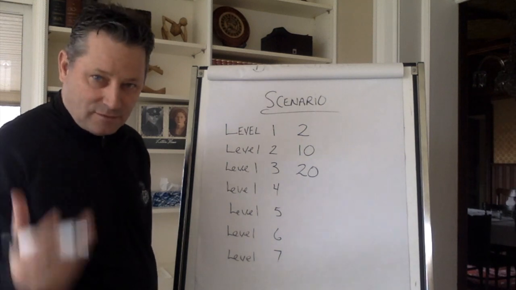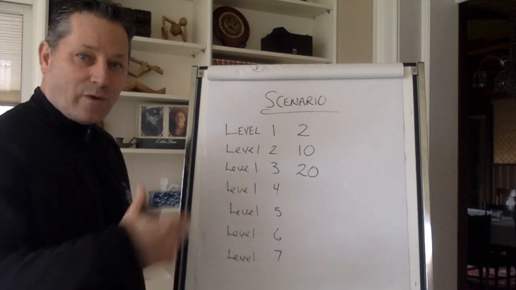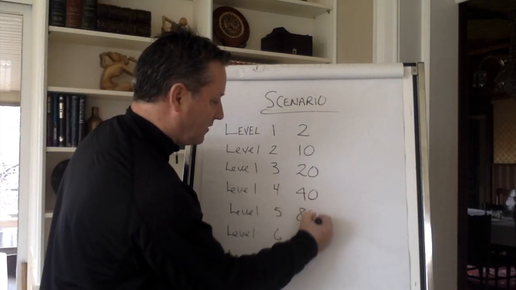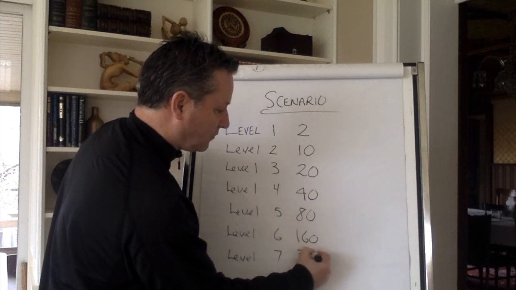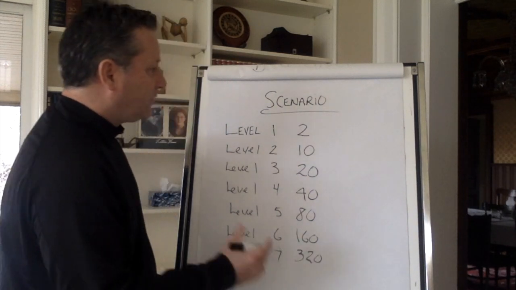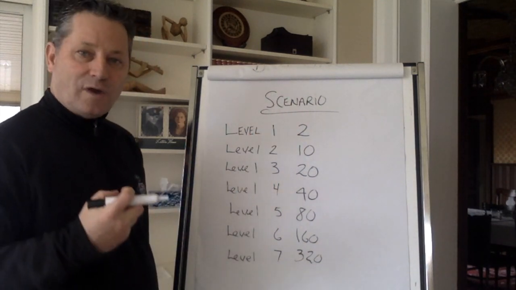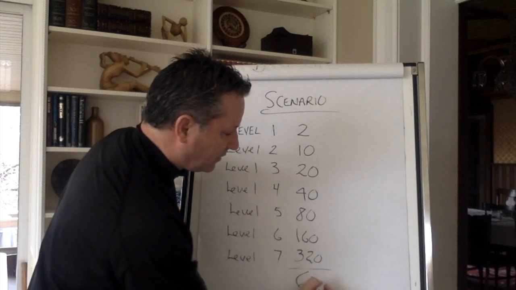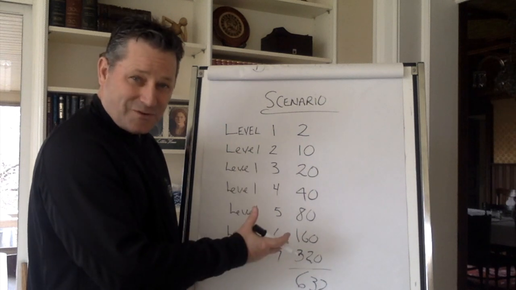What's 20% of 20? It's 4. 4 go out and at least get 10, that's 40, and then you can see how the math works: 80, 160, and 320. So now this agent who started off just by attracting 2 agents has a total team of 632 agents. Numbers like this will never work out perfectly.